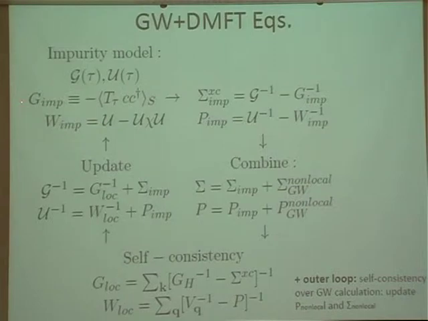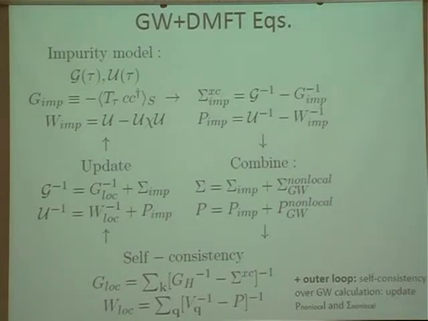Once we have these two quantities, you have the self-energies, namely you have the usual Dyson equation for the one particle quantity, but you also have a Dyson-like equation for the two particle quantities: bare interaction to the minus one, screened interaction to the minus one, and the difference is precisely the polarization that has screened these.